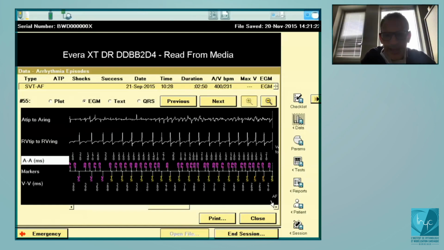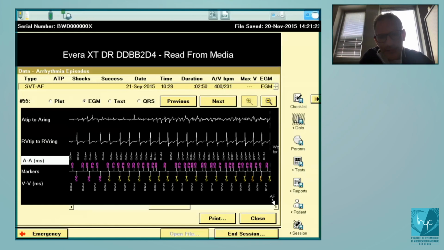Most of the time, now, if you program 30 cycles in a VT zone and there is an episode of atrial fibrillation, there is a huge chance that there is at least one long cycle. And if there is one long cycle, it will systematically reset the counter to 0. So this counter initially has been designed to be a first step of discrimination between atrial fibrillation and ventricular tachycardia.